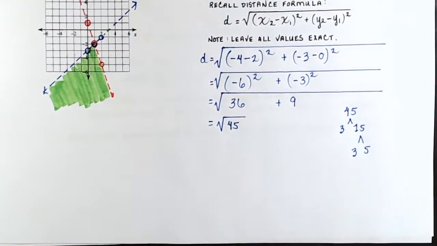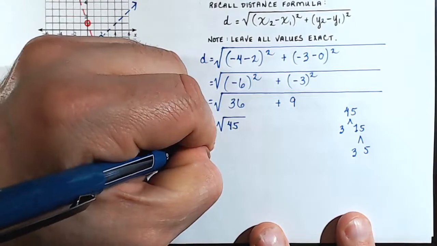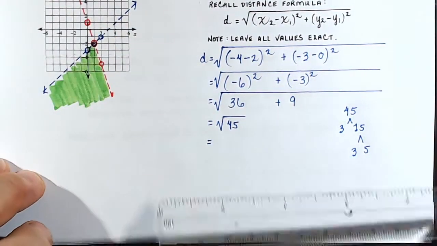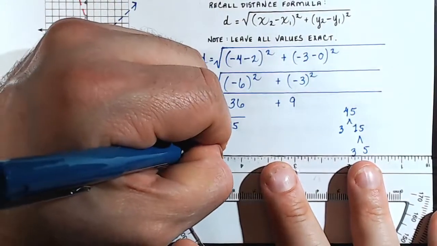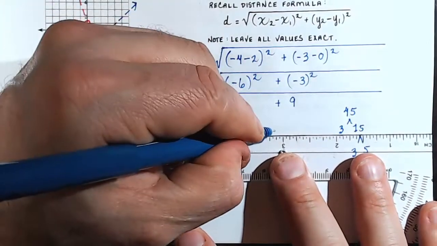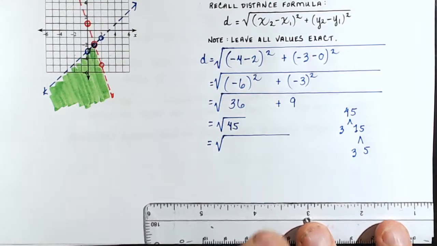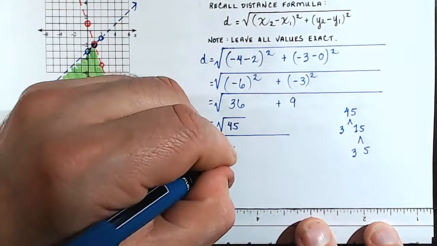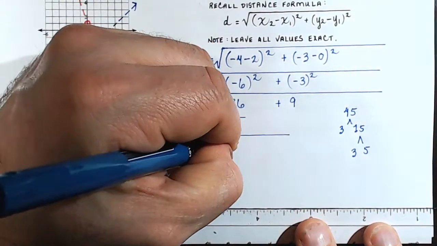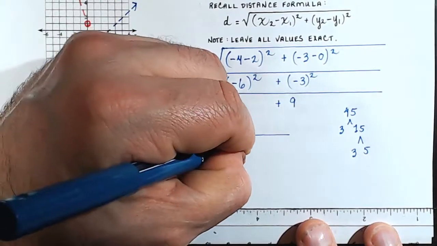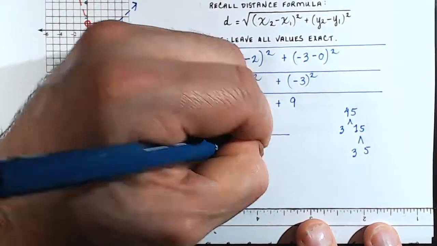Okay? So what I'll do is now, instead of writing square root of 45, I'll write square root of, and then a longer square root symbol here, the product of the prime numbers. So instead of writing 45 under the square root symbol, I'll write 3 times 3 times 5.